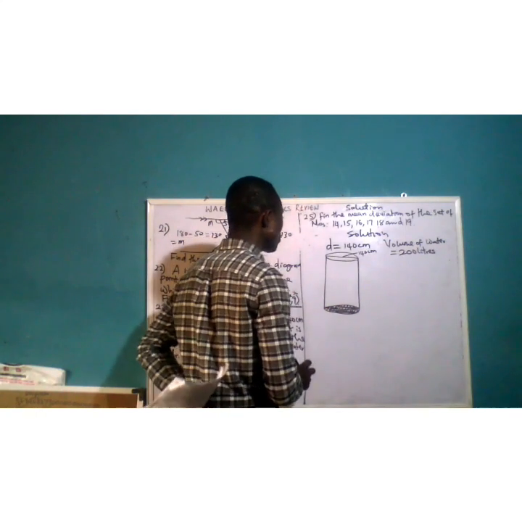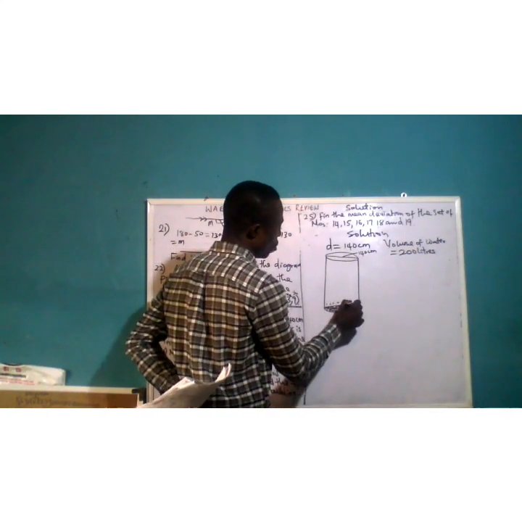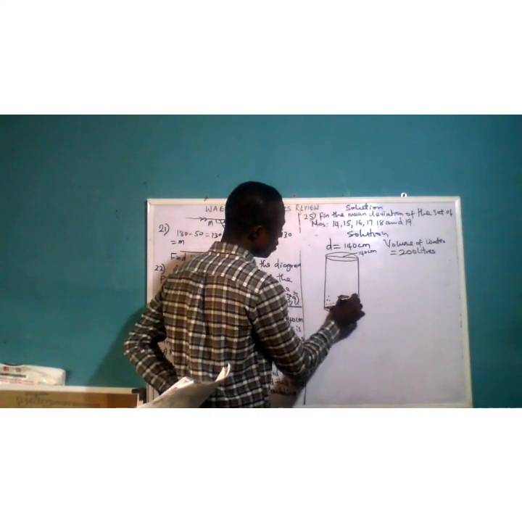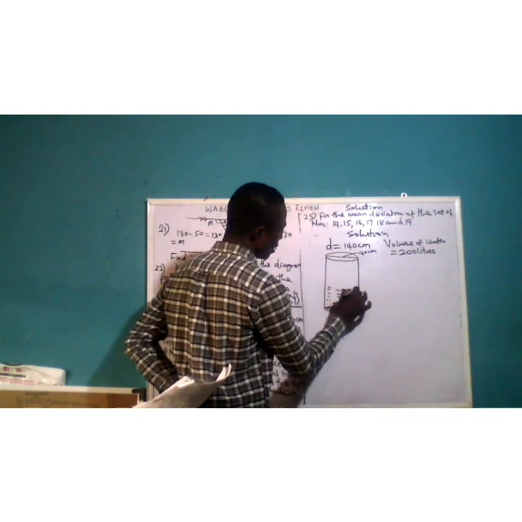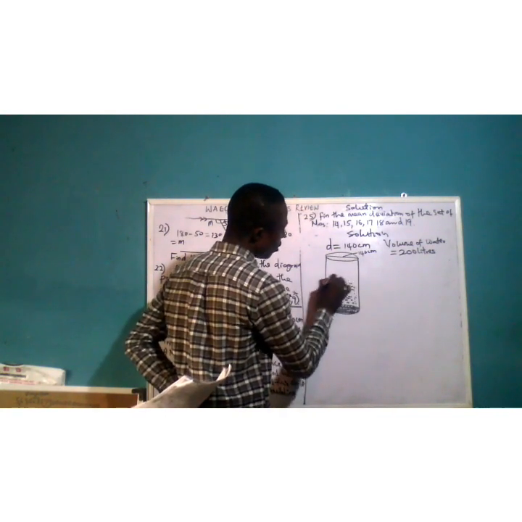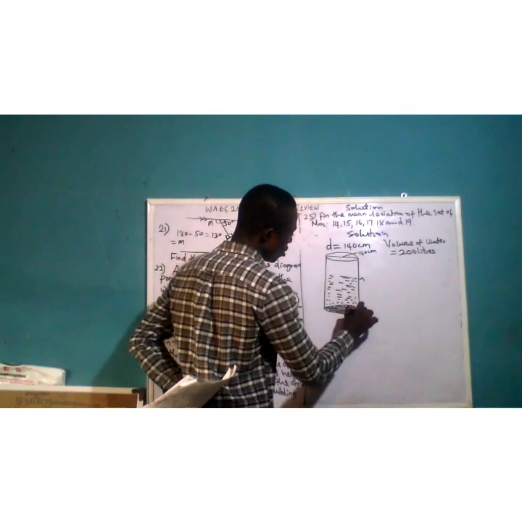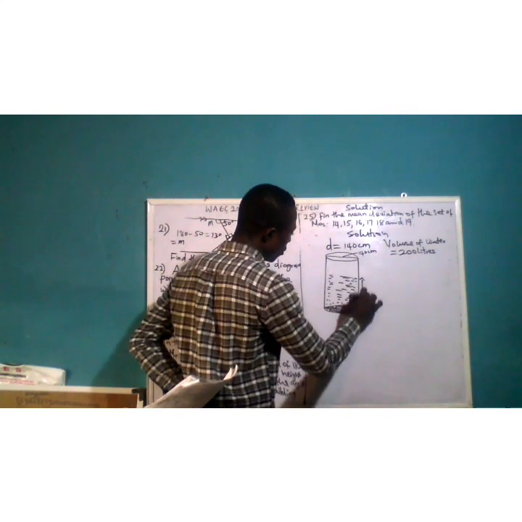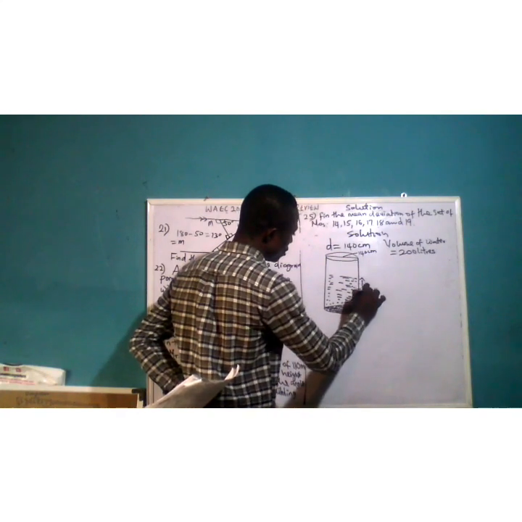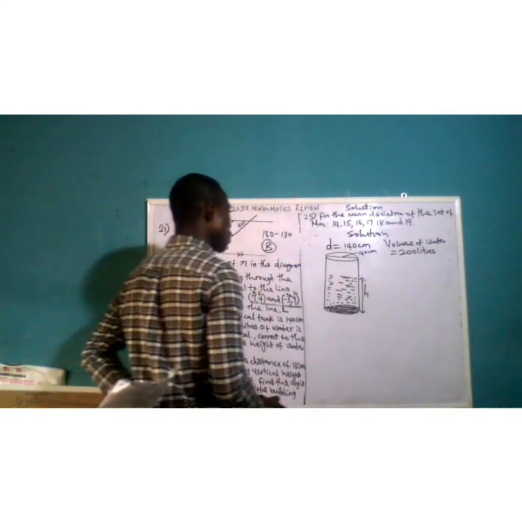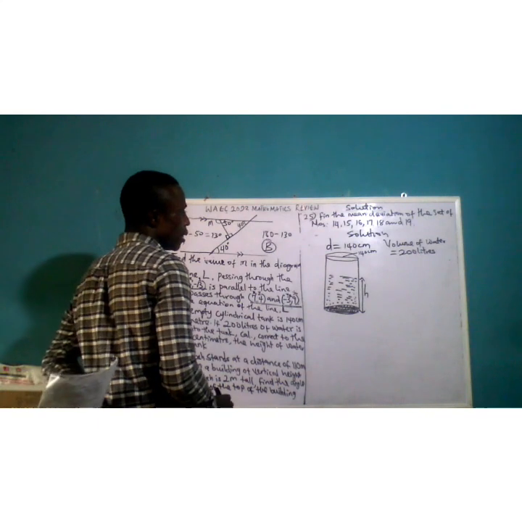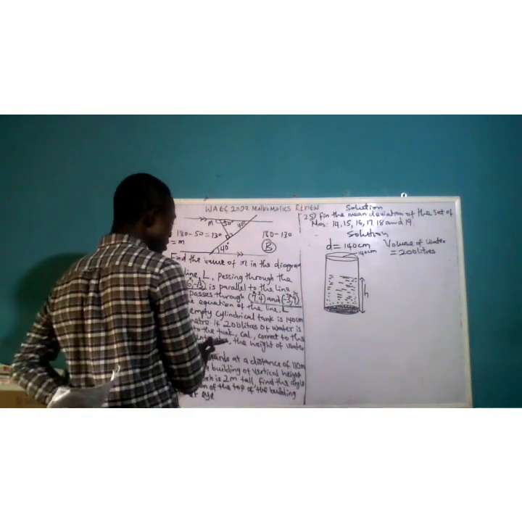Water is poured inside it to a height, so it is not filled up with the water. And we are to find the height of the water, which can be denoted as H. Now, don't forget that we have to leave our answer in the nearest centimeter.